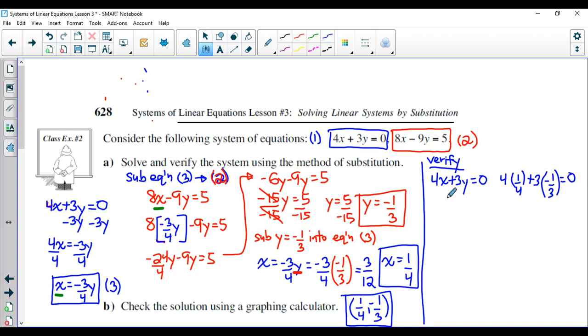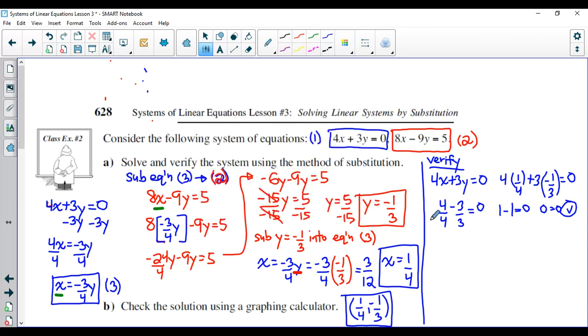Okay, so this would turn into 4 over 4 minus 3 over 3 equals 0. 4 divided by 4 is 1, minus 3 divided by 3 is 1. Therefore, both sides of the equation would be equal to 0. So that equation is verified.